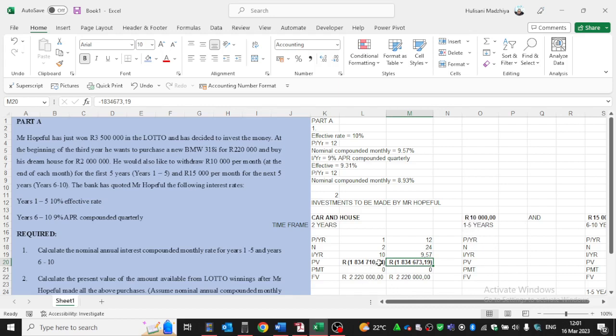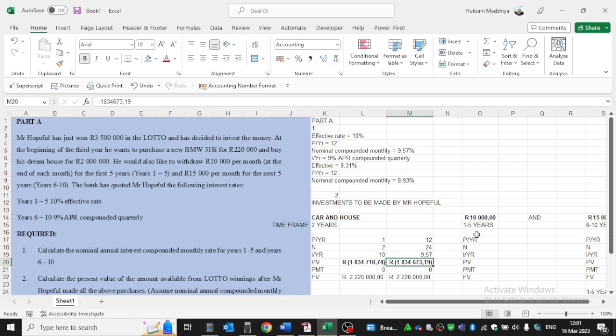So we know that for him to achieve 2,220,000, he needs 1,834,000. This is only equivalent to the withdrawal of 2,220,000 after 2 years. But what about the period of year 1 to 5, where he will be withdrawing 10,000?